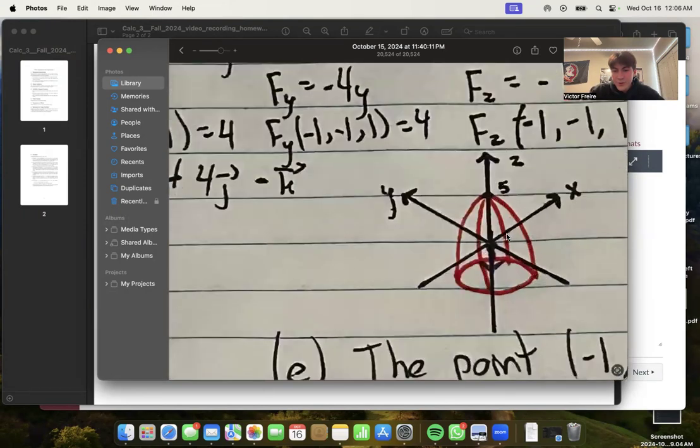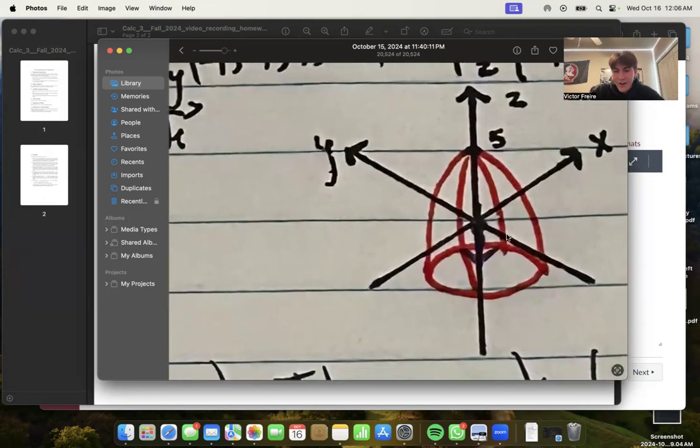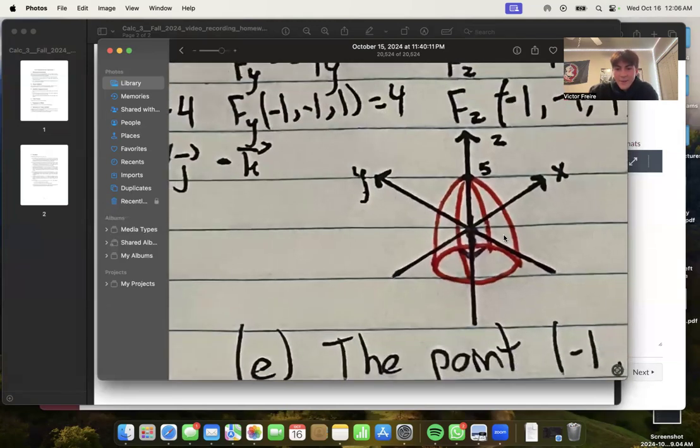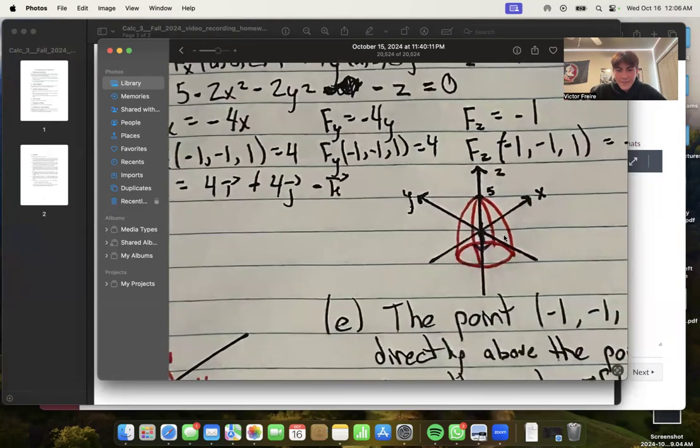If you zoom in closely here, you can see I was trying to draw this vector. It's very hard to draw in 3D, but essentially it's pointing inside of the paraboloid, right? Let's say the paraboloid is right here, and it's perpendicular to this, so it's going inside.